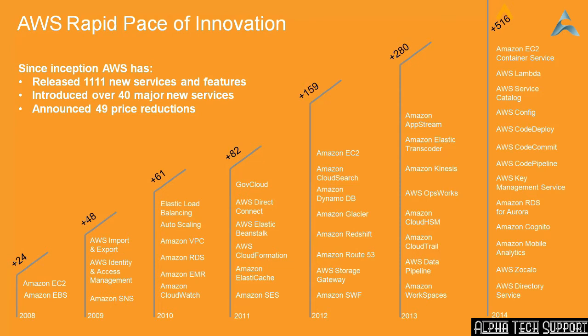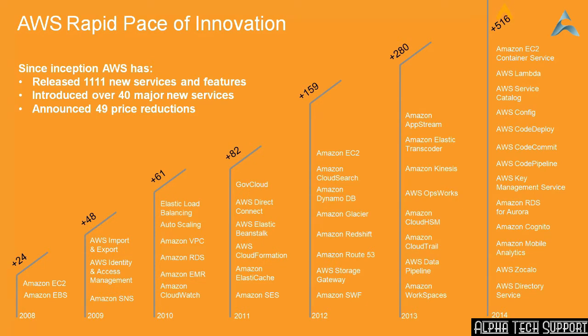AWS has evolved at a rapid pace of innovation from the year 2006, with simple applications like Amazon Elastic Compute Cloud or EC2 with Elastic Block Storage, and now it has evolved to a huge range of services and products in multiple categories like compute, database, analytics, IoT. It even has a game engine. It has AR and VR support, augmented reality and virtual reality, for innovation and development.